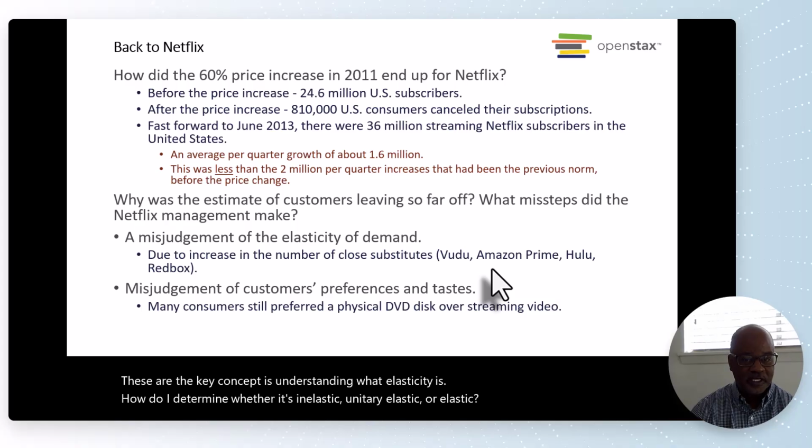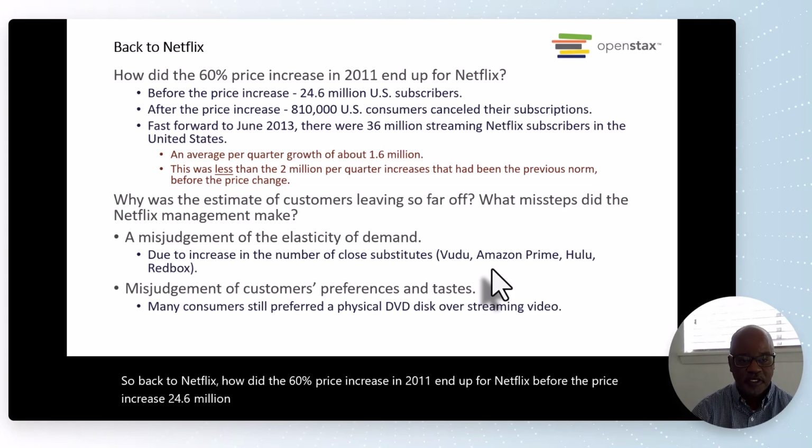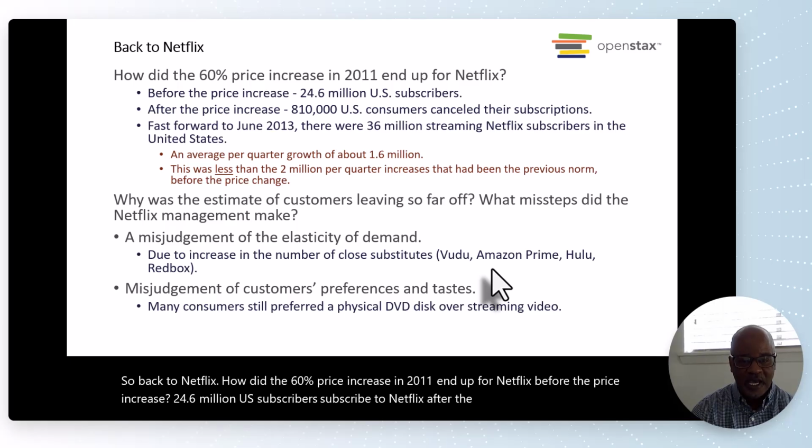So, back to Netflix. How did the 60% price increase in 2011 end up for Netflix? Before the price increase, 24.6 million US subscribers subscribed to Netflix. After the price increase, almost a million consumers canceled their subscription.